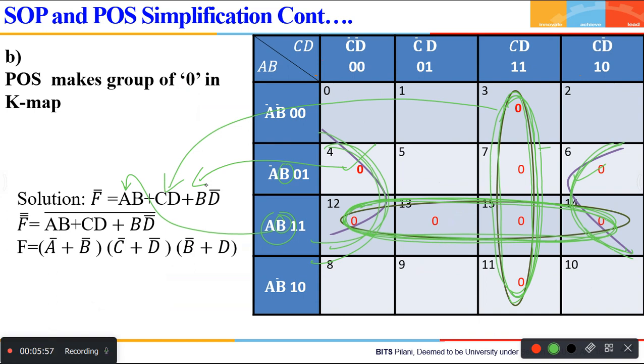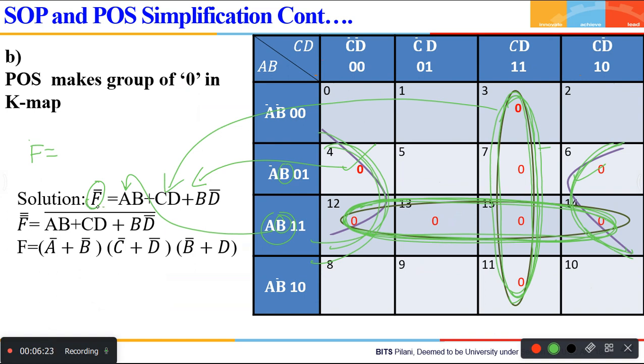See, this is now your F complement. Why is it F complement? Because you are combining zeros. If you combine ones, you will get F. Remember that. What you get after combining 0 is F complement.